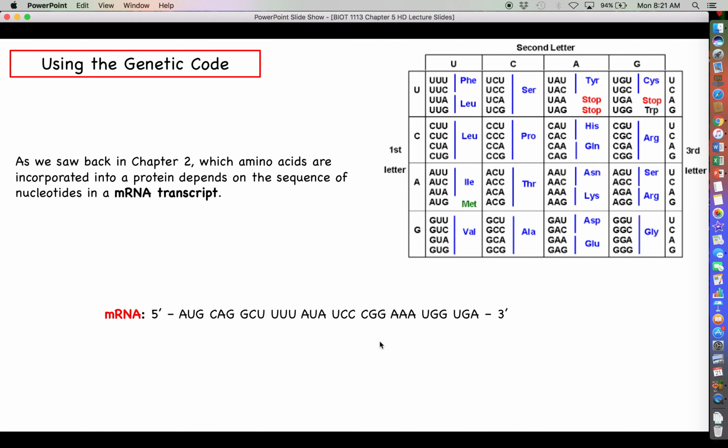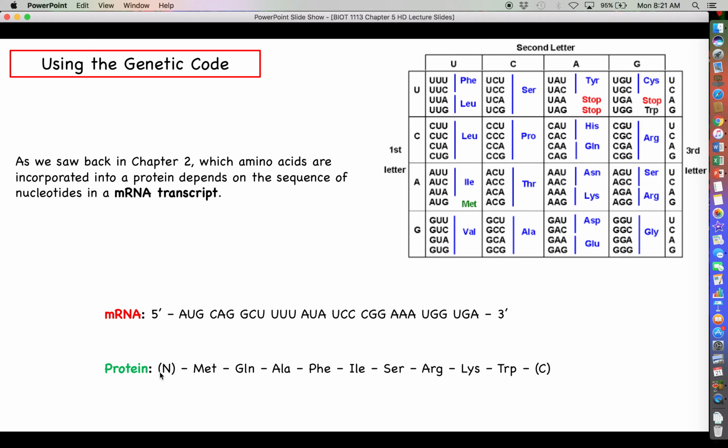We can actually interpret this and match it up with what we find in the codon table of the genetic code, and we can determine from the messenger RNA instructions which amino acids are going to be incorporated into a protein. So as we go from 5' to 3', that will tell us which amino acids make it into the protein from N-terminus to C-terminus. So AUG is going to conform to methionine, CAG is going to give us glutamine, and so on and so forth.